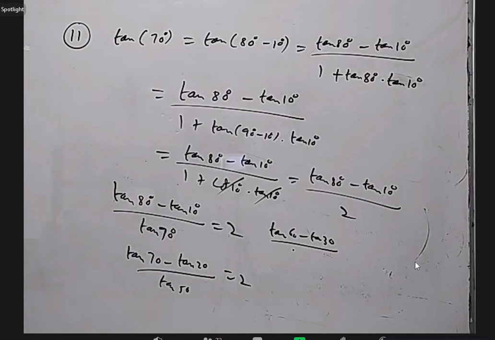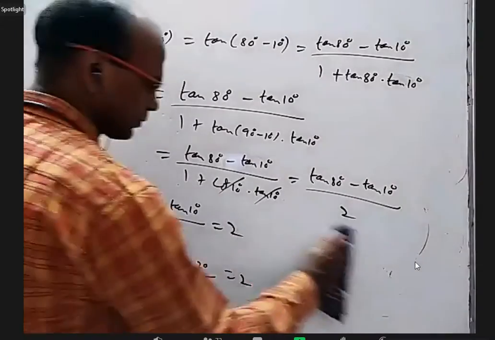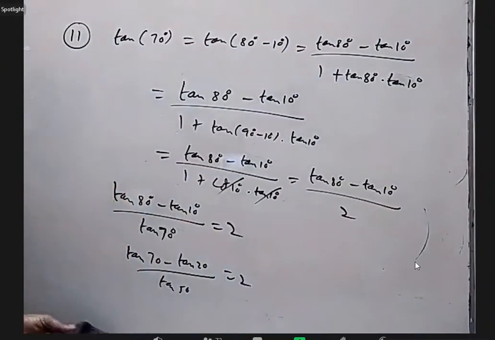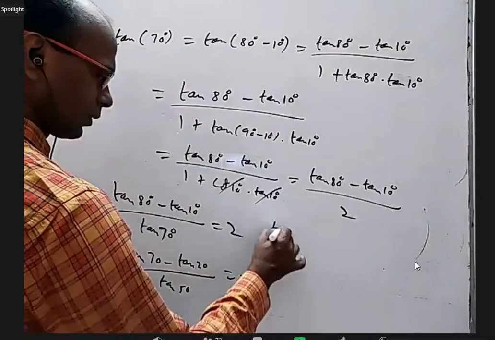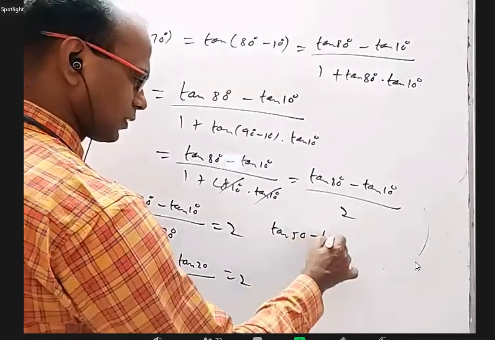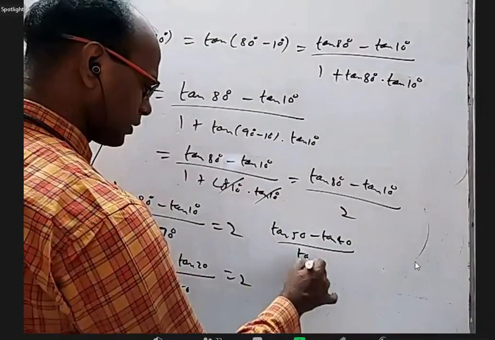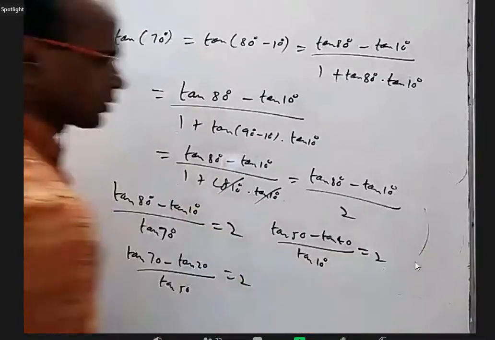Yeah, Tatvika. 60 and 30 are known angles. Tell me something different. Tan 50 minus tan 40 by tan 10. Sir, tan 50 minus tan 40 by tan 10. Also the answer is 2. Okay.